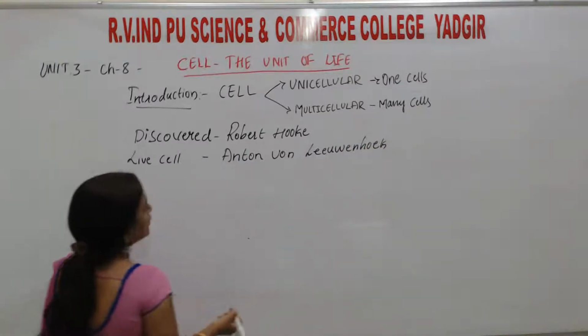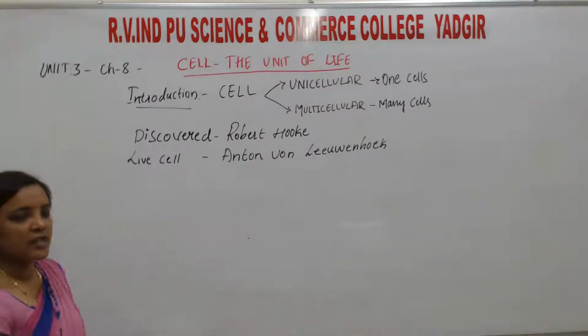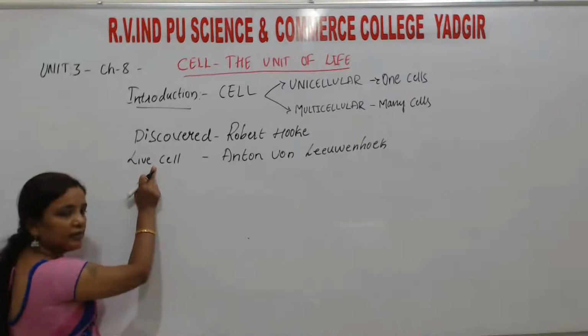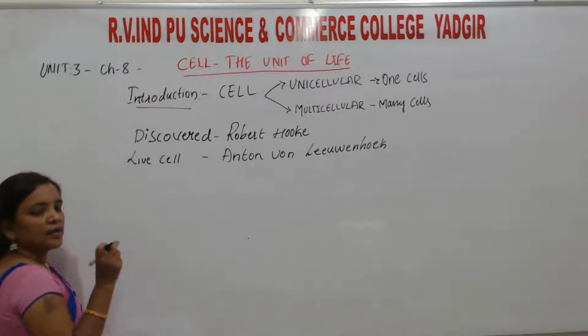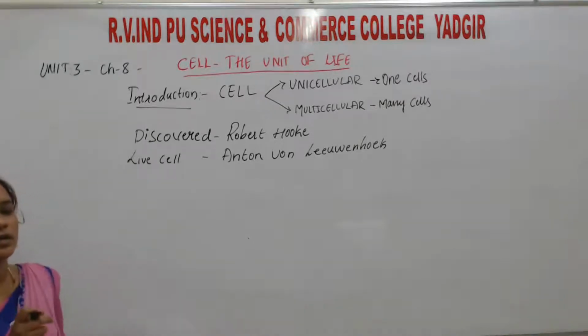So Anton von Leeuwenhoek was the first person to see the live cell, and the word cell was coined by Robert Hooke.